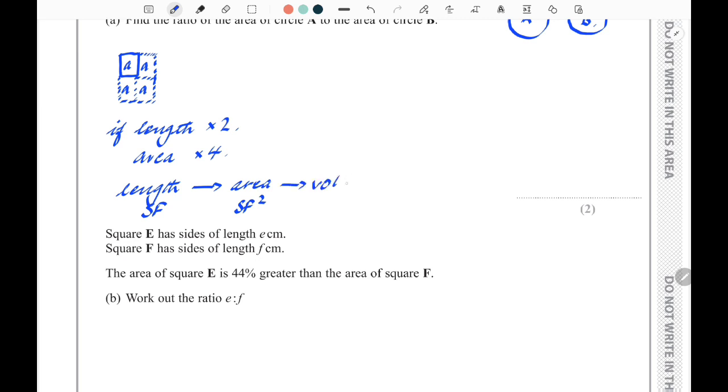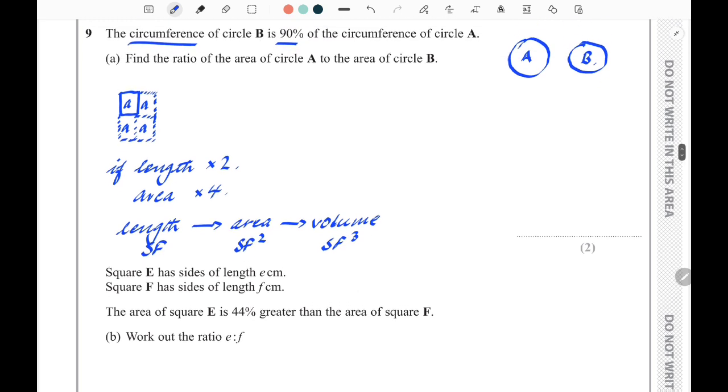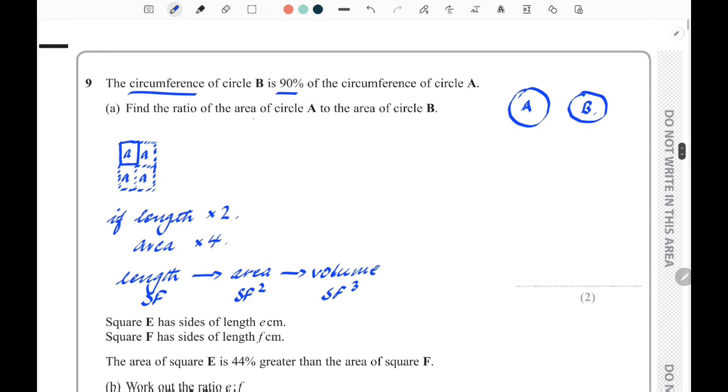And if you were to be asked about volume, then it would be the scale factor of the lengths cubed. All right. So just a quick bit of revision on that. So what that means is when they want you to find the ratio of the area of the circle A to the area of the circle B, we know that the radius of A to radius B is, and I'm going to use whole numbers, it's 90%, remember, is the same as 0.9.